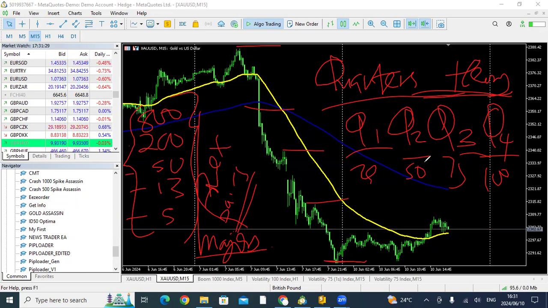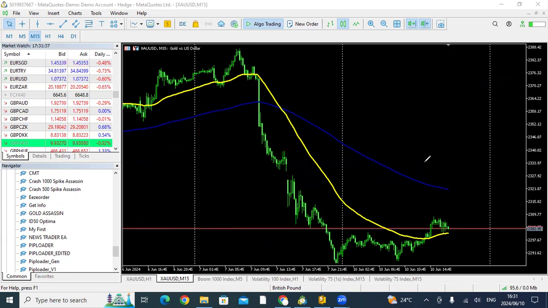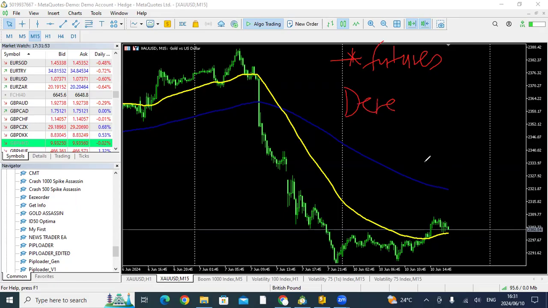Now, why do I say just the Forex pairs and not every other thing? Gold is a metal, right? Of course, that's a very obvious thing. But metals and other commodities are traded on the futures market. Futures are a type of what they call a derivative.